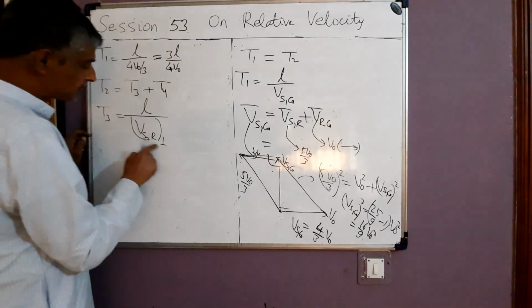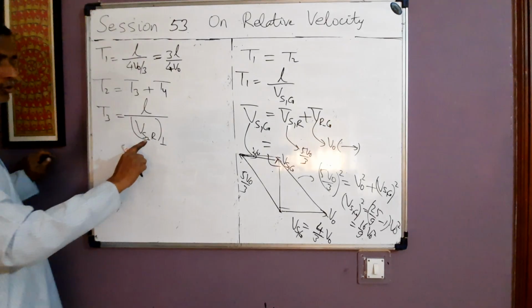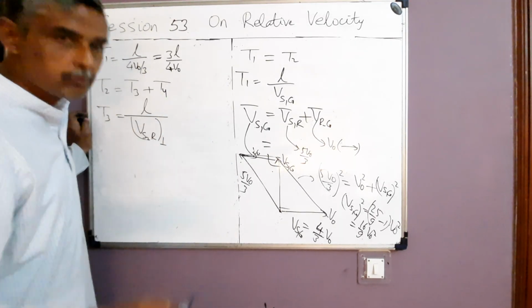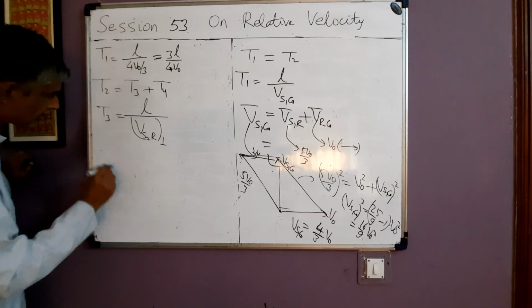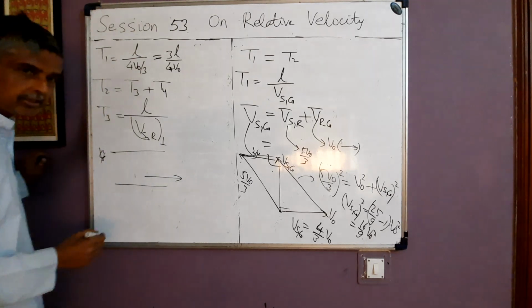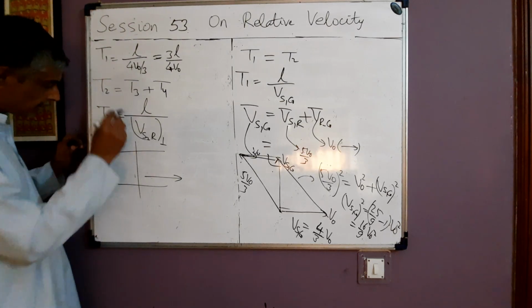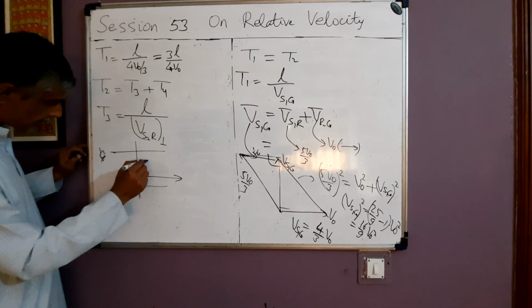Now to know Vs2r perpendicular, for minimum time we know that Vs2r should be in the direction at right angles to the river flow direction. So Vs2r perpendicular is simply this much. See, this is the river, this is the river flow direction. In order to cross the river in minimum time, the heading of swimmer S2 should be in this way.